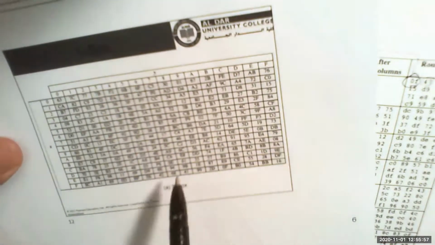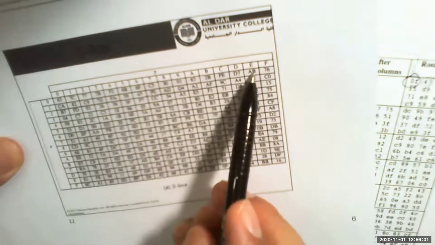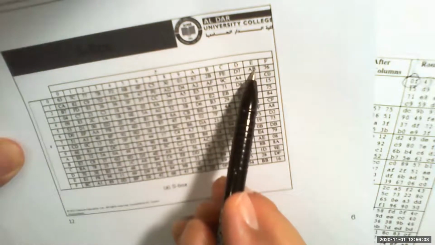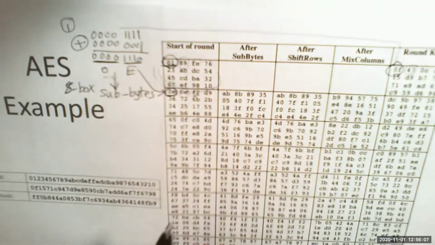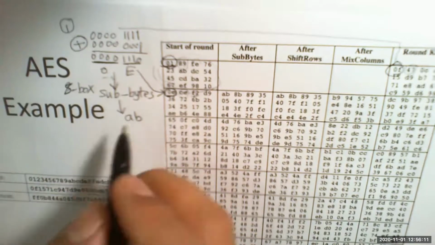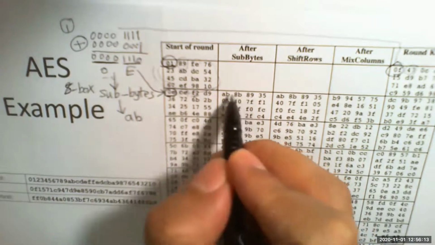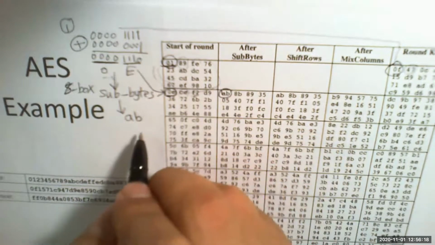I think you can see it: 0E is AB. So I replace 0E by AB. The output is AB, and I put the AB here after sub bytes.